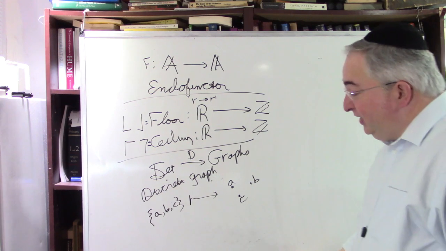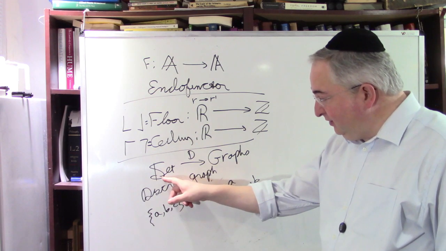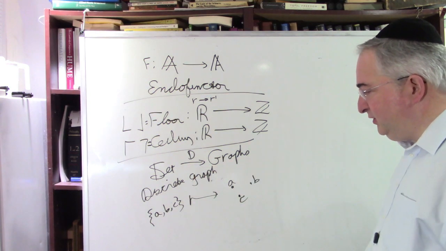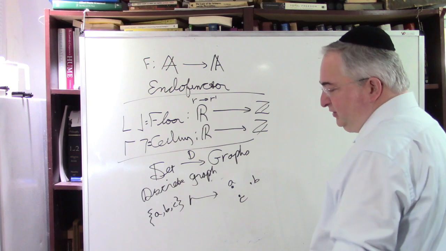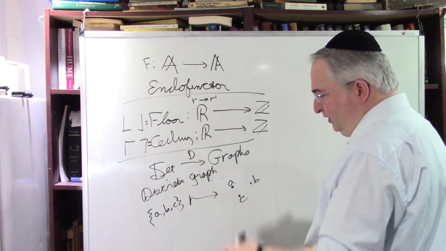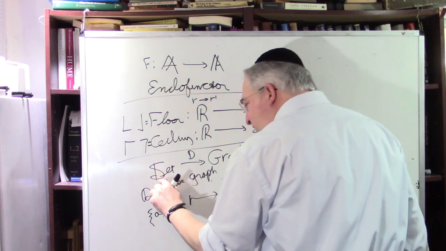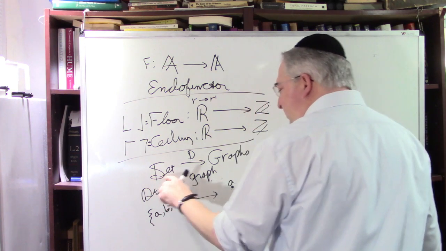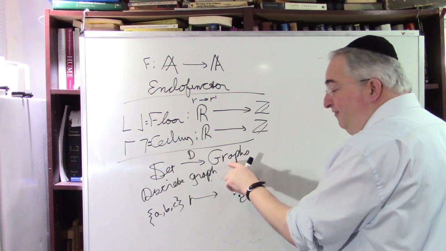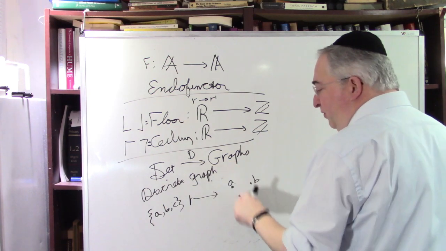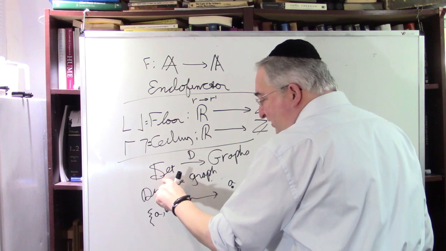So given any set, there is a discrete graph that corresponds to it. Just the objects of the set are the vertices. More important, if there's a function from one set to the other set, then there's going to be a graph homomorphism, but it's a trivial graph homomorphism.